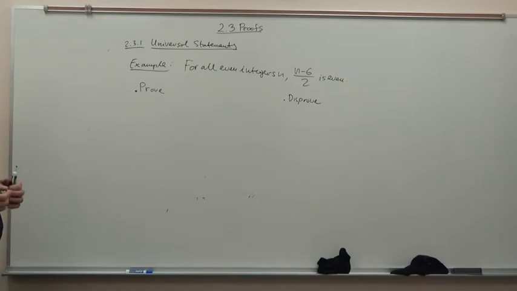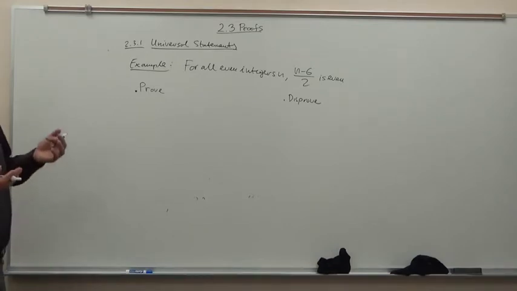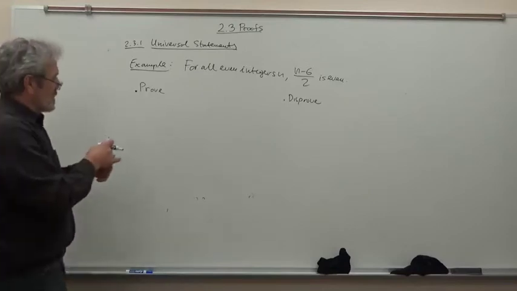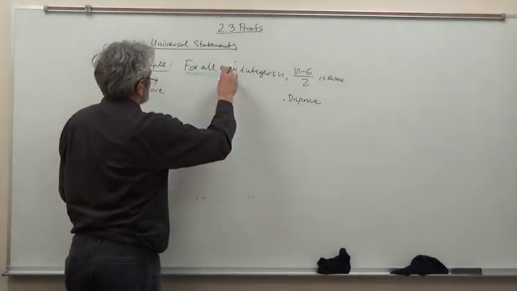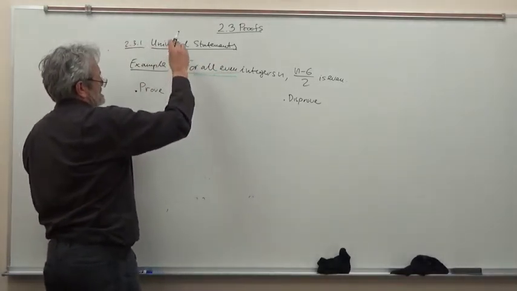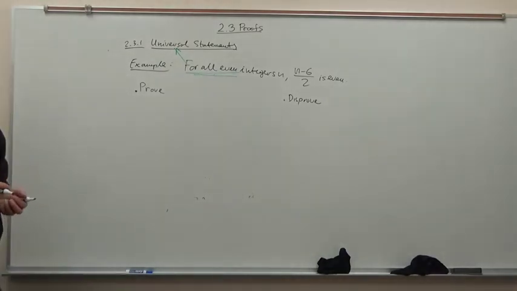If we were to prove it, then we need to start from an arbitrary number. You cannot just say, let n be 8, because it says for all even integers. That's why these are proofs of universal statements.